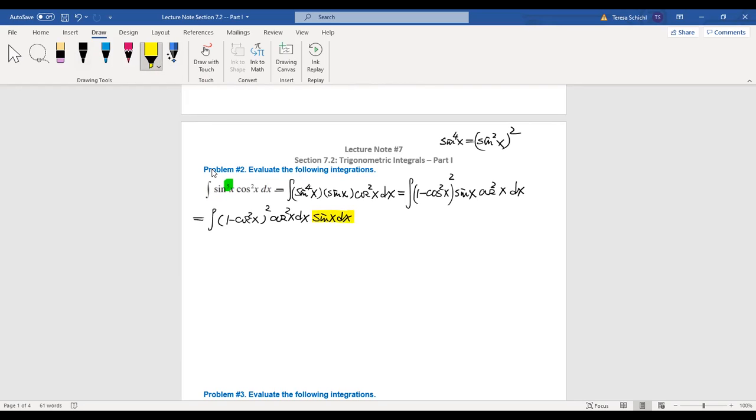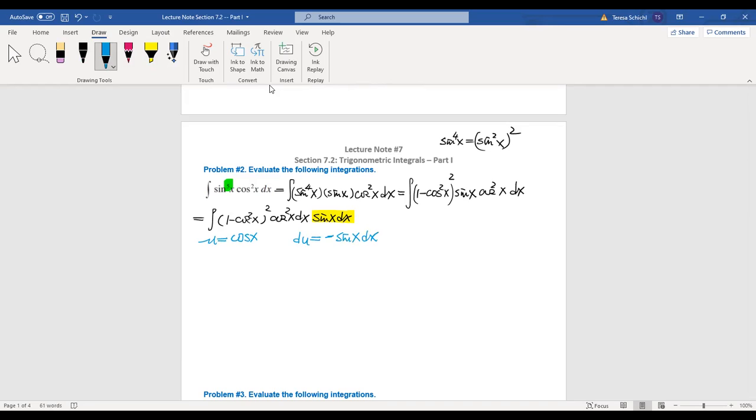Now I can use the U-sub again, right? So now my U-sub here will be U is equal to cosine x. Right? So now you say du is equal to negative, taking the derivative of cosine x is negative sine x dx.